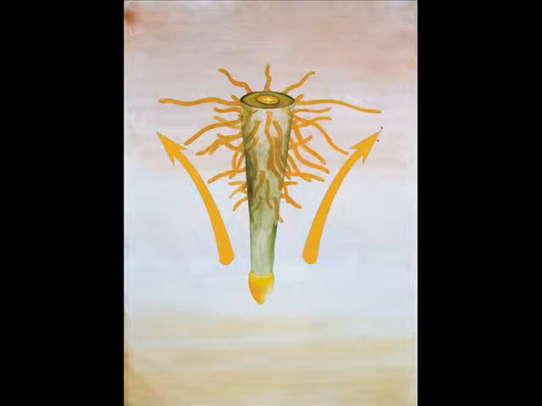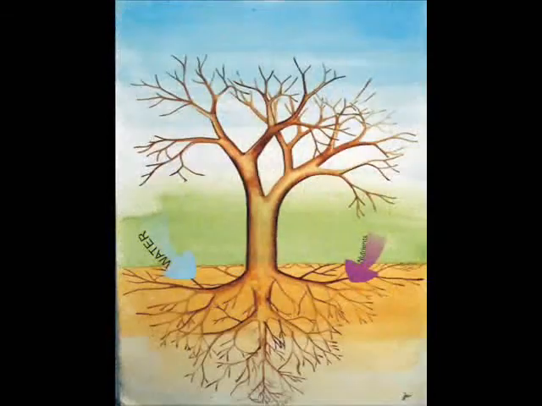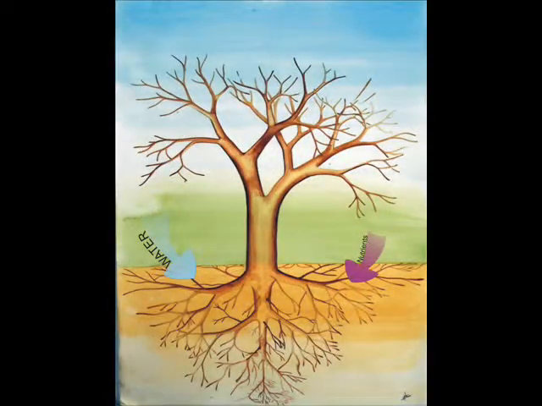The root hairs are essentially meant for absorption of water and mineral salts from the soil.